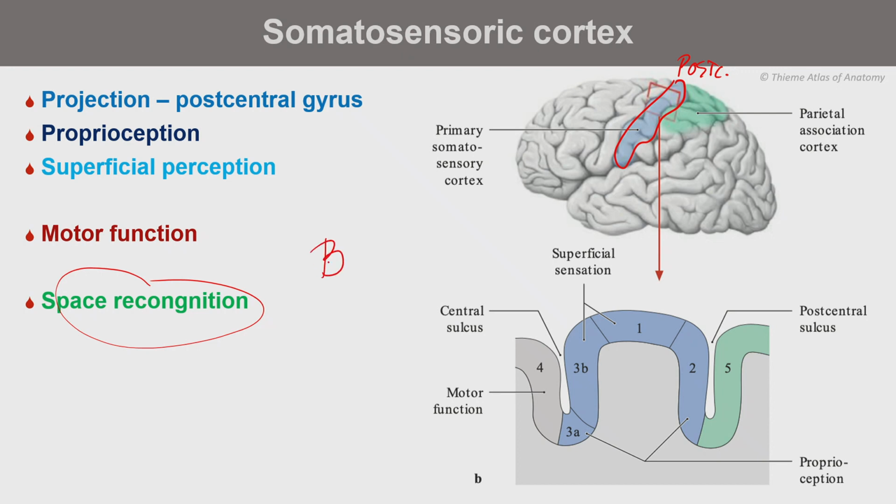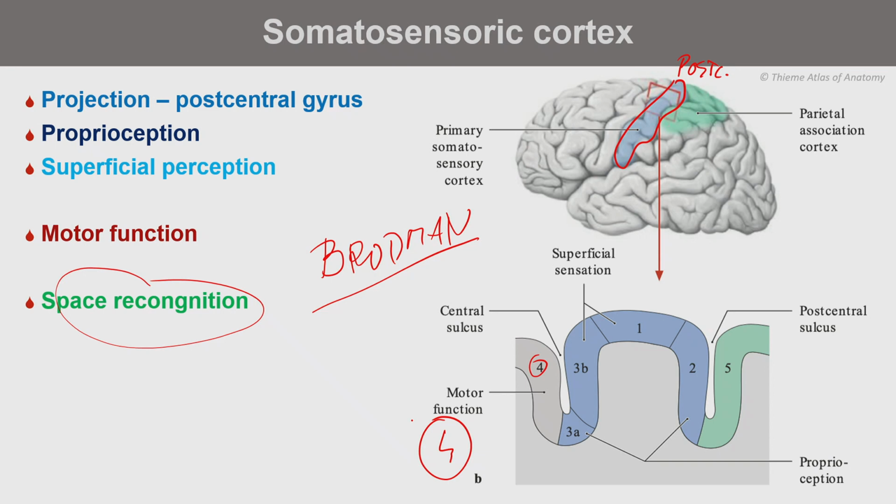So Brodmann described the cortex according to the cytoarchitecture, the layering, the thickness and ratio between layers. And motor cortex is a 4. Probably you should know that it is a 4.